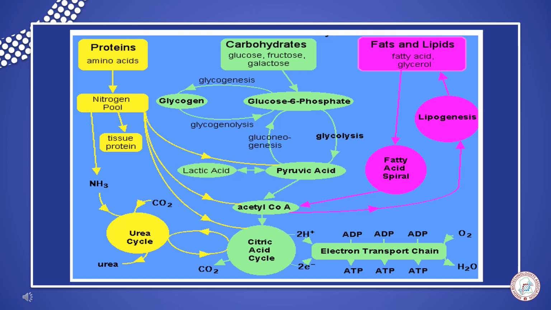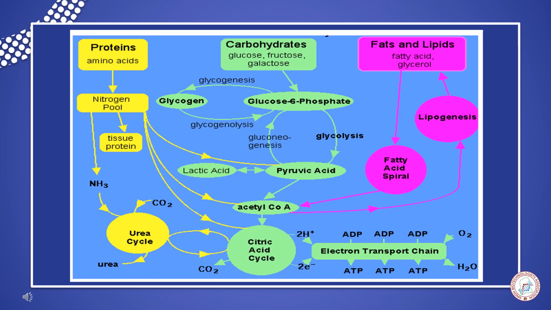On the right side, I have mentioned the lipids. The lipid will be converted into monomeric units, that is, fatty acid and glycerol. On the left-hand side, as you can see, the protein will be converted into monomeric units, that is, amino acids.